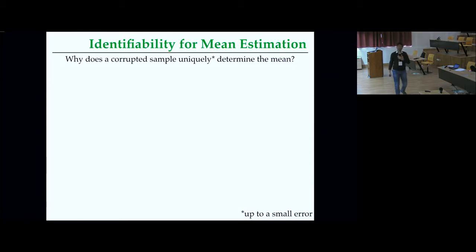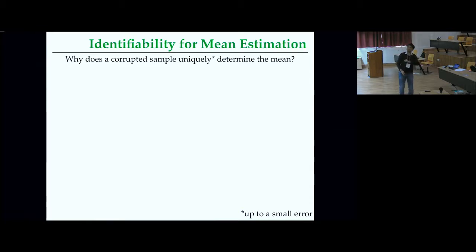Great. So let's try to understand why a small number of samples with an epsilon fraction of corruptions in them is still enough to identify the mean within some small error. And the small, of course, is square root of epsilon times the largest eigenvalue of the covariance matrix to the power 1/2.